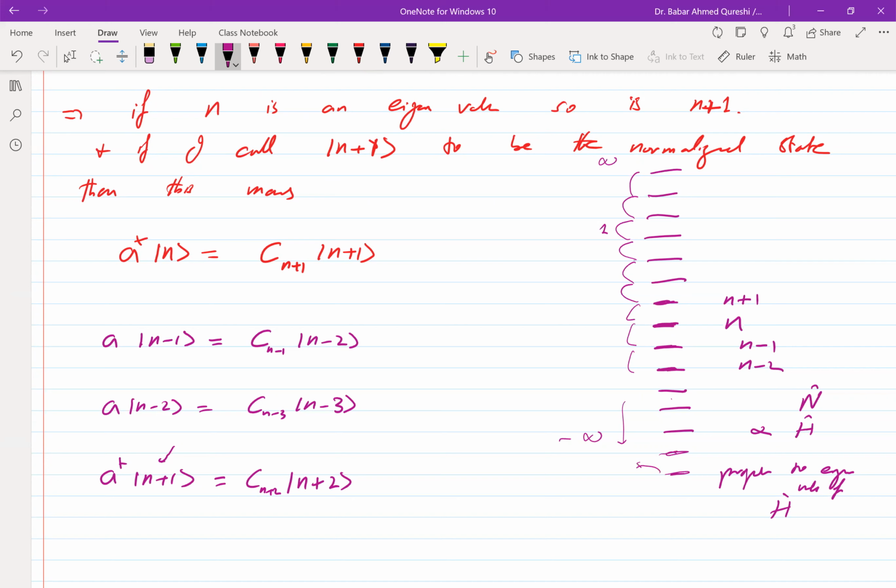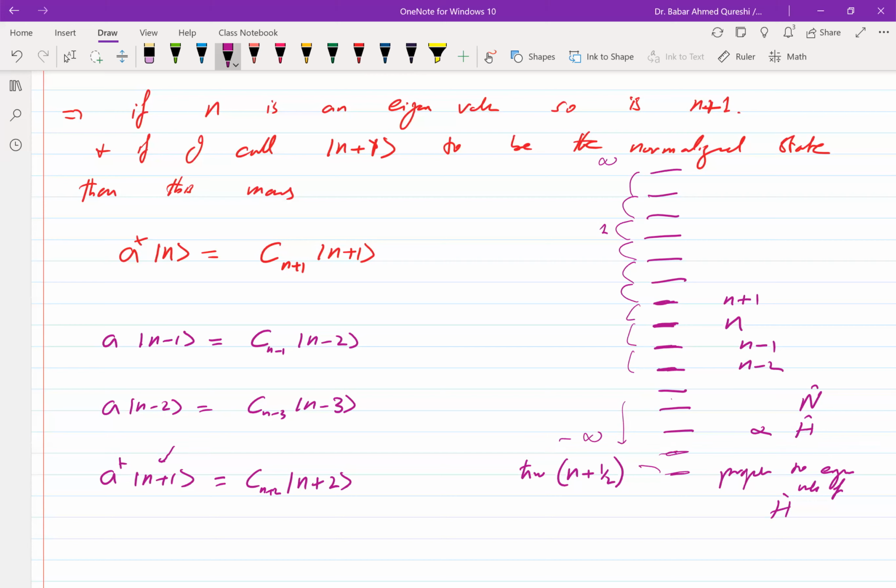Just multiply this number by h bar omega and add a half. Add a half to any eigenvalue and multiply by h bar omega, and that would be an eigenvalue for the Hamiltonian.